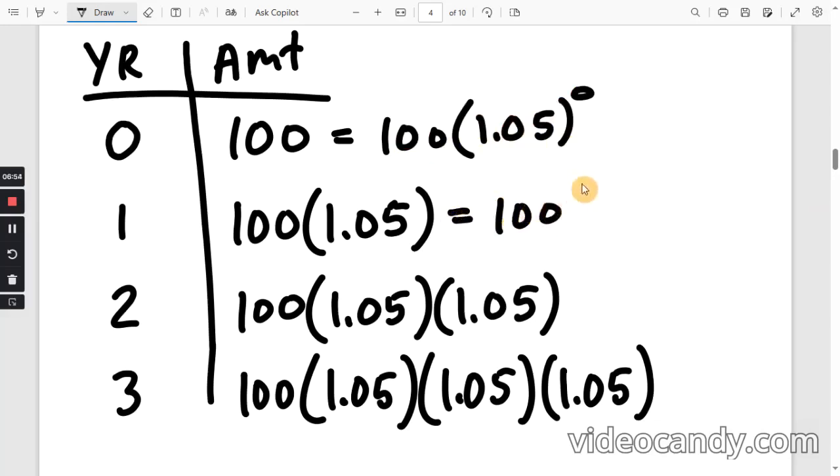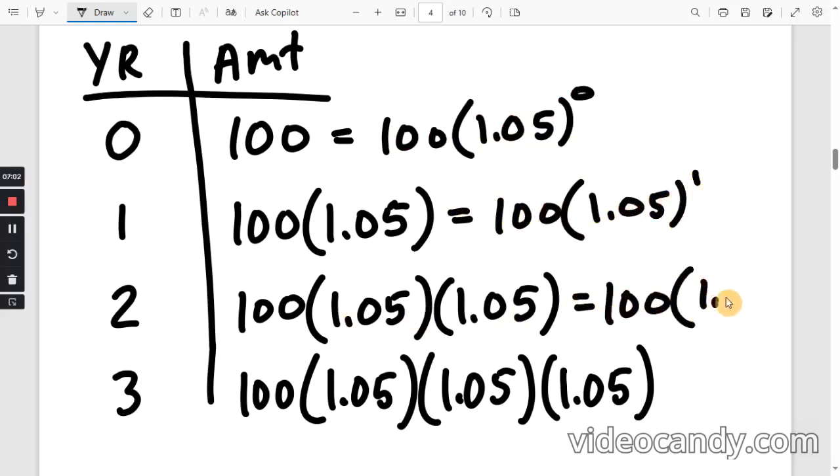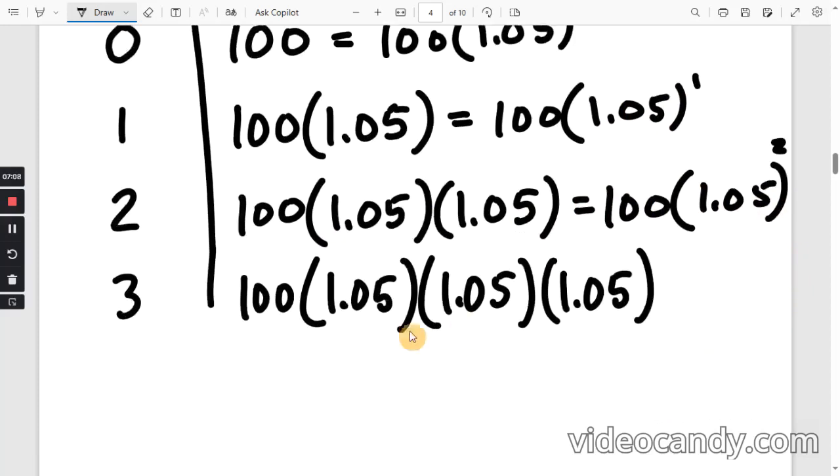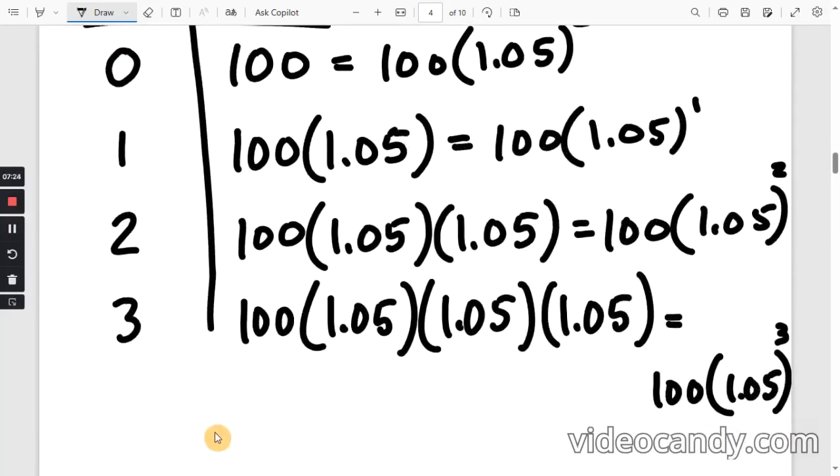This equals 100 times 1.05 to the power of 1. This equals 100 times 1.05 to the power of 2. All right, and the last one equals 100 times 1.05 to the power of 3. Okay, so notice each year it's going to be times 1.05 each year.